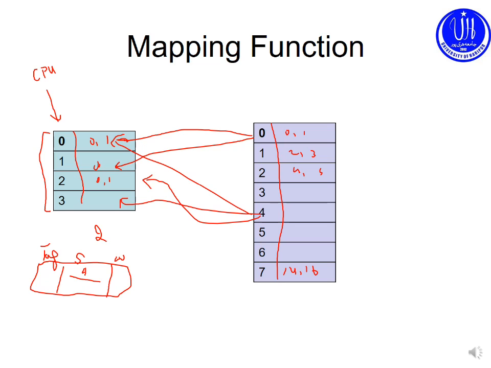For example, first in first out is a replacement algorithm. In first in first out, it will see which block has been in the cache the longest, and replace that block. Or it replaces the block that is not used in recent time, least recently used, or least frequently used. So there are different replacement algorithms. Depending upon these algorithms, block 4 will replace any one of the cache lines.